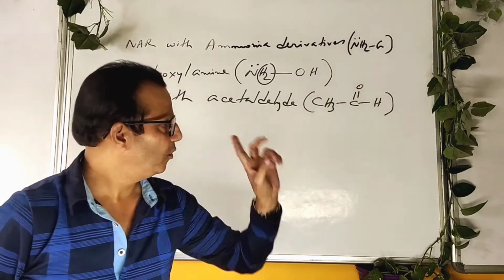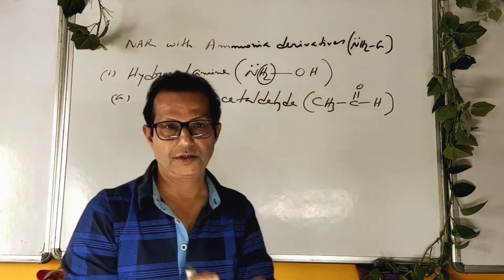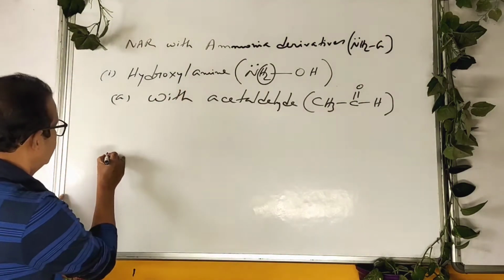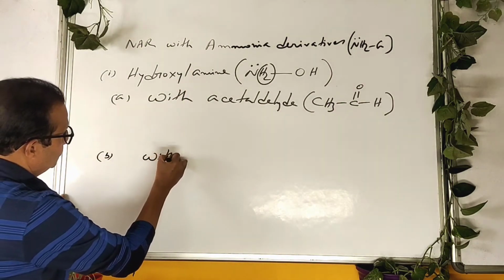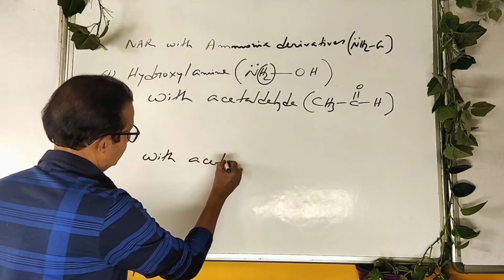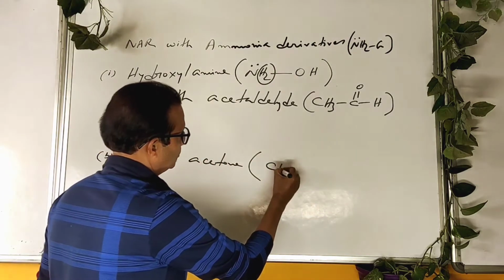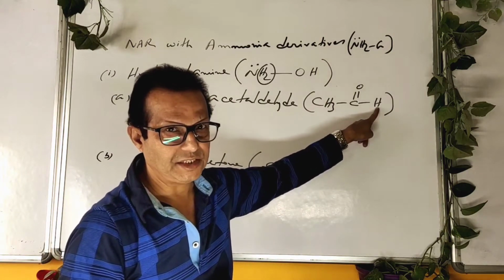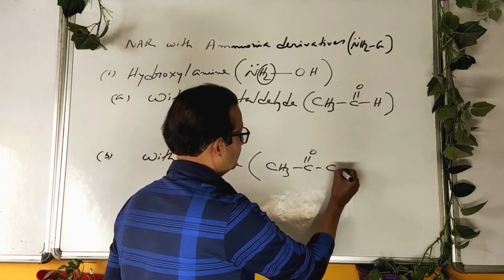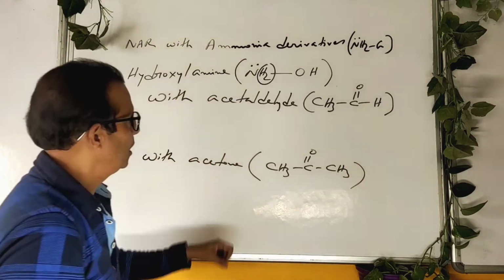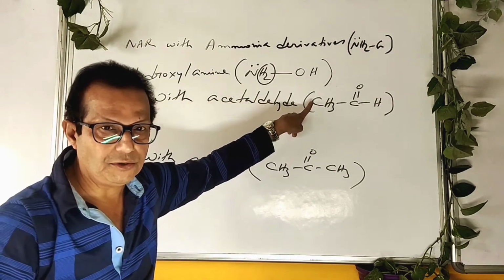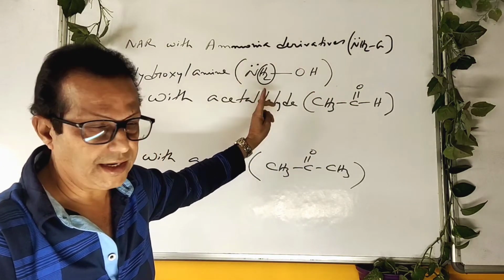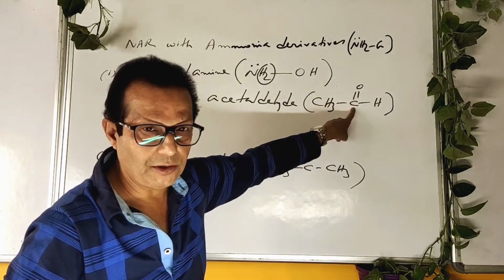So listen, whenever you write the reactions with aldehydes or ketones, replace the hydrogen by CH3 group, you get ketone. Generally, we used to draw aldehyde or ketone like this way. But whenever you write the 10 reactions, write C double bonded O as it is.